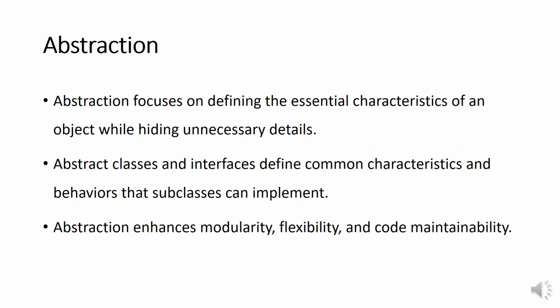Another is abstraction. Abstraction focuses on defining the essential characteristics of an object while hiding the rest. For example, you have a car, you are the driver, you have the key, so your work is just to put the key in and switch on, but you don't necessarily have to know what happens once you put the key on.